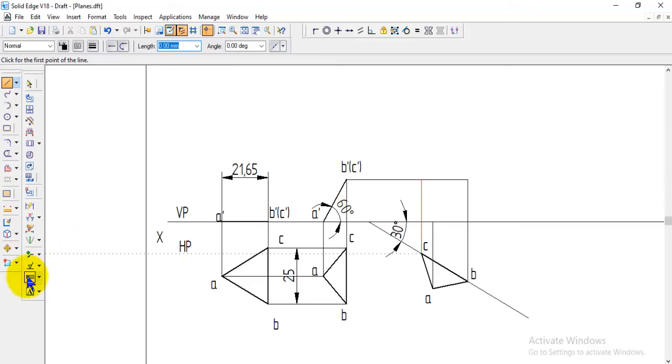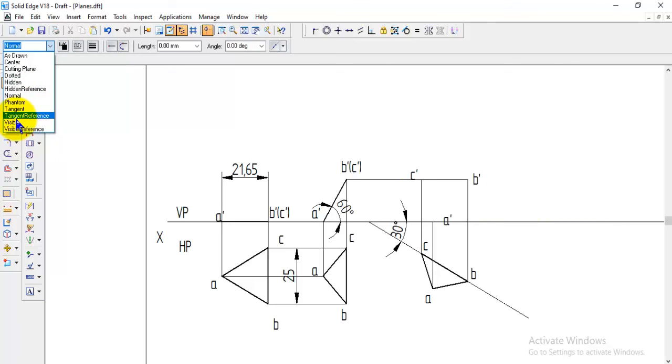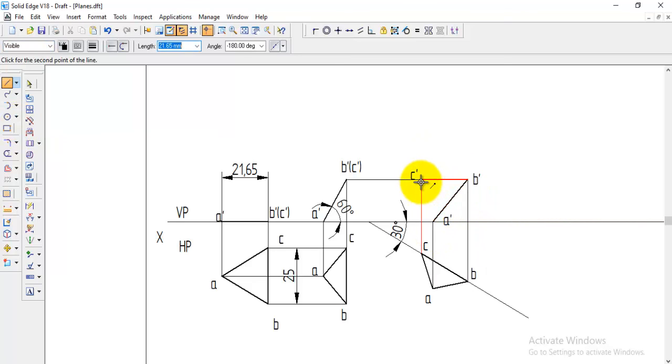After that you can give the namings: A dash, B dash, then C dash, and then go to Line, Visible Line, and join it, A dash to B dash, C dash, and then A dash. So you are almost finished.